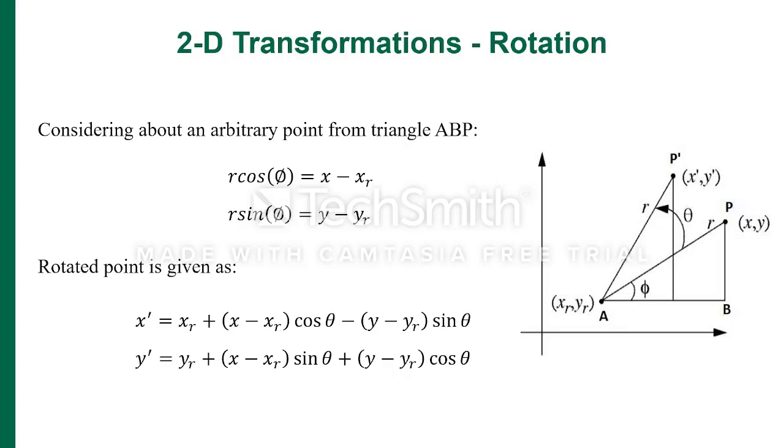Considering an arbitrary point from triangle ABP in the coordinates, we have the following equations: r times cosine theta is equal to x minus xr. R sine theta is equal to y minus yr. The rotated point is given by the following equations for x dot and y dot.